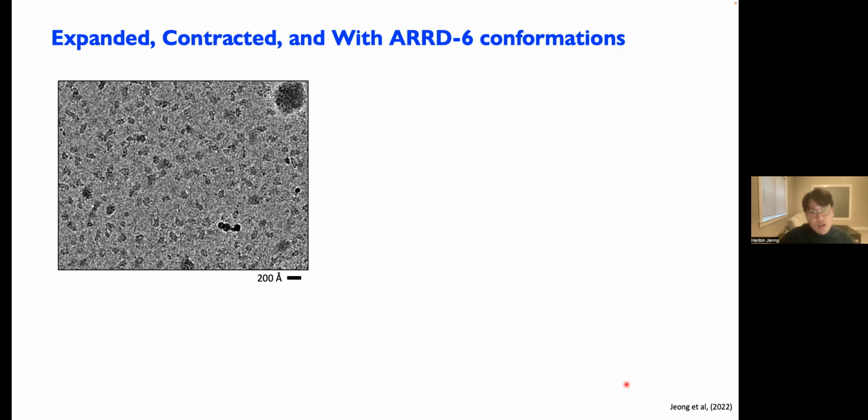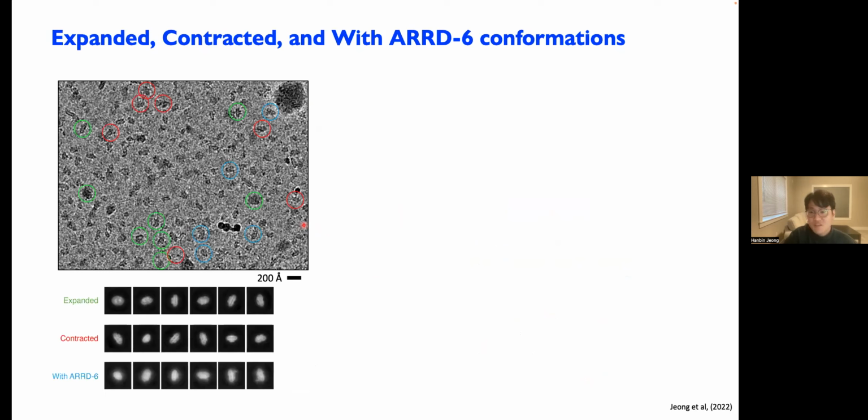So as a result, I could solve 3 different structural forms of the TMC1 complex, and this is an example of micrographs I collected from EM and a representative 2D class average image of each conformation.